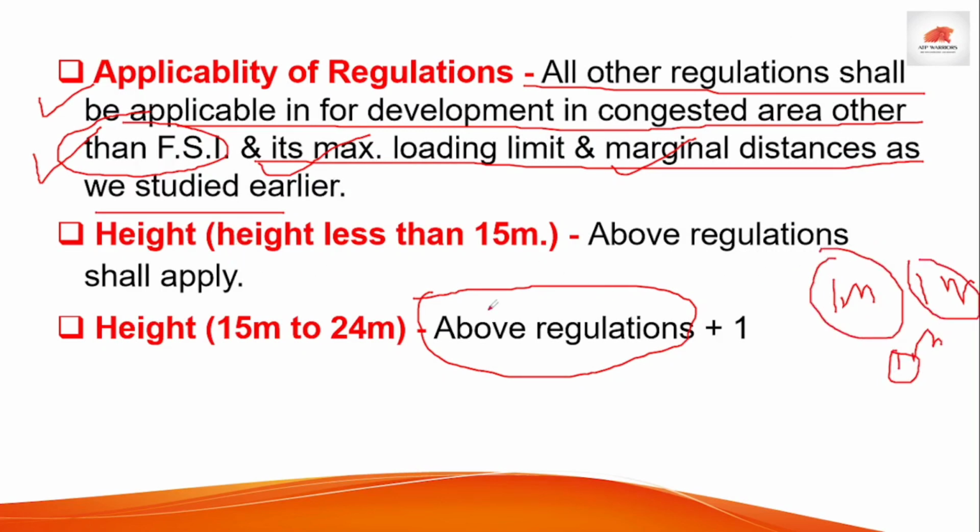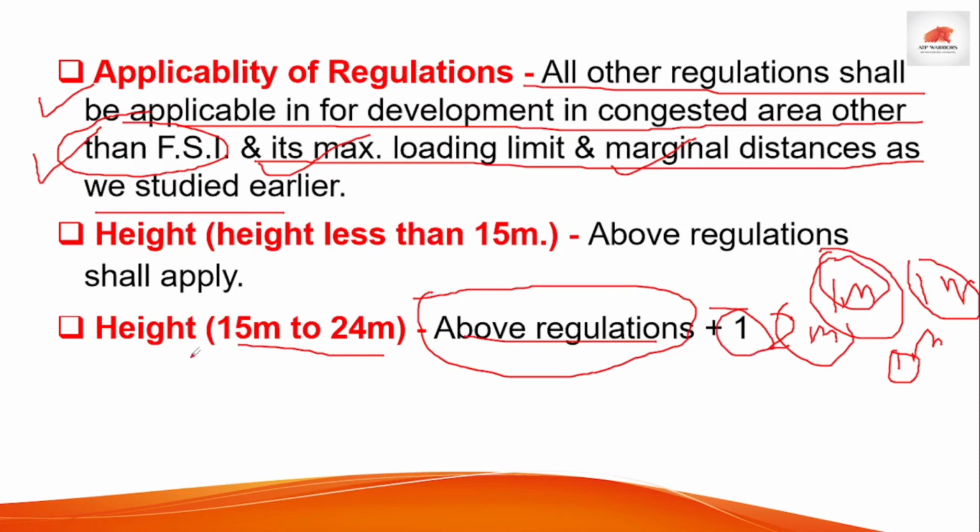In this case, if the building height is in between 15 meters and 25 meters, then you should keep 2 meter side and rear marginal distances. Means the original 1 meter, the above regulations, plus 1.